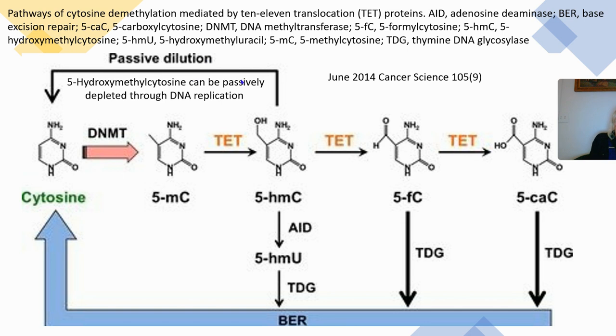That product can be passively depleted through DNA replication. So it's lost. That authorship is lost. Again, if you follow through the oxidation, you're going to then make this formyl, and obviously at the end, this carboxy derivative.